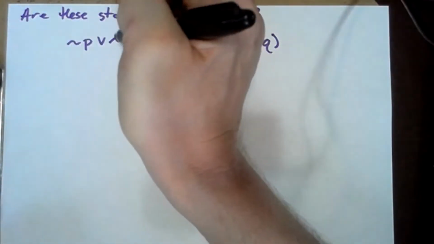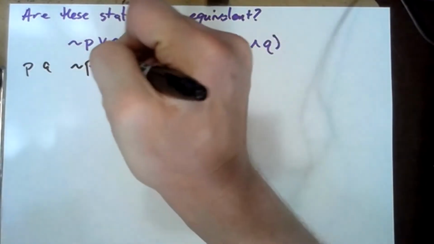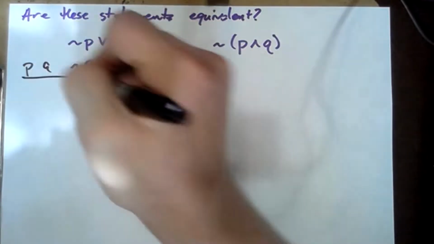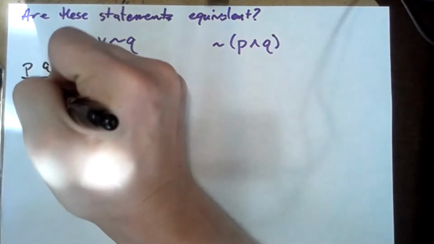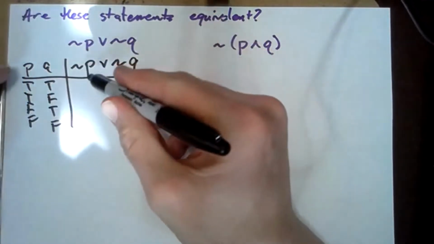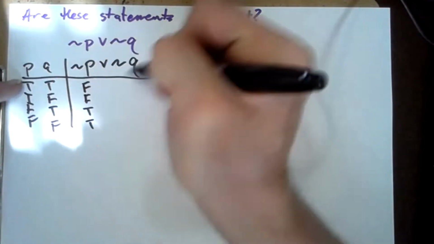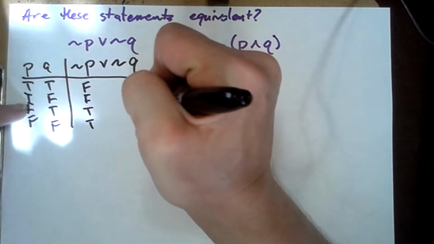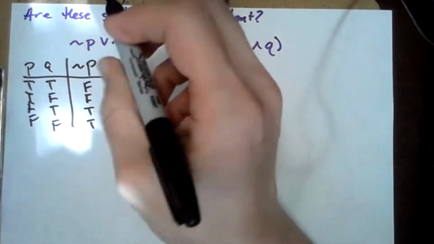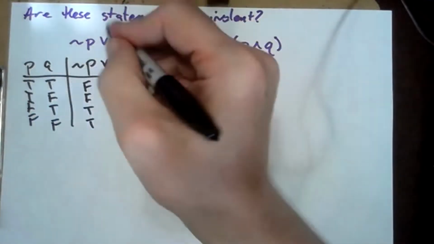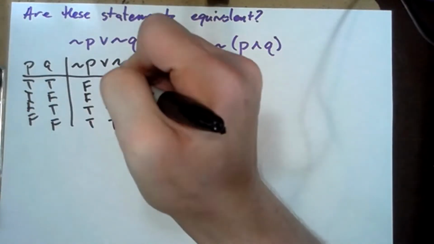I start by making P, Q, not P or not Q. Not P is false, false, true, true. Not Q is false, true, false, true. The or is true as long as they're not both false. So that's false, true, true, true.